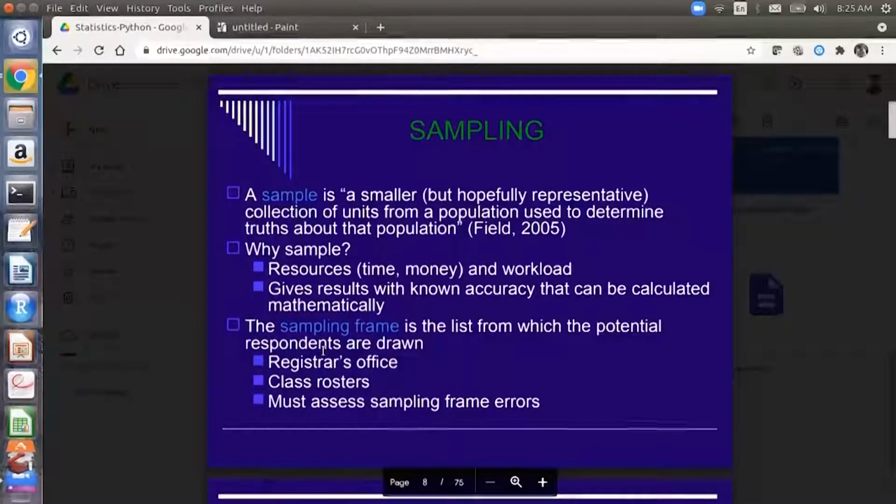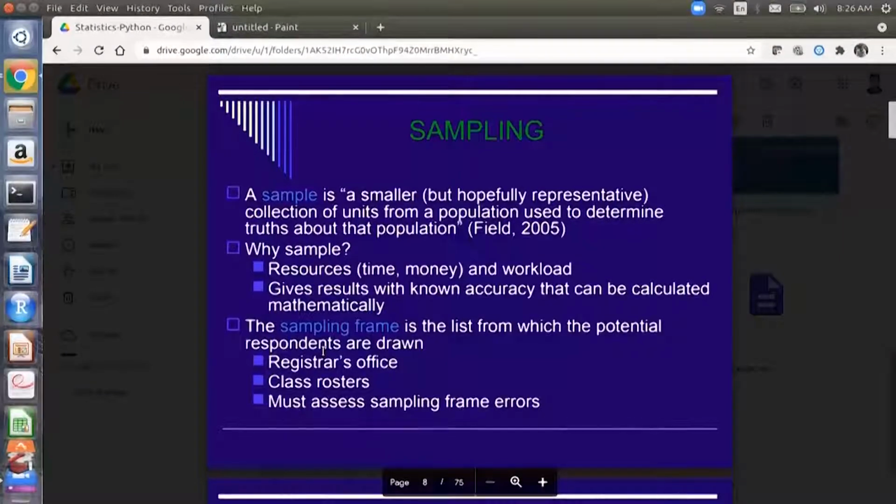If you have a population of male and female, we should not take only male or only female. Bias should not be there. It should not contain outliers. Suppose you take 10 values out of 100 and all 10 are outliers, or 7, 8 are outliers. Those are all the problems. So basically my sample should be representative of my population.